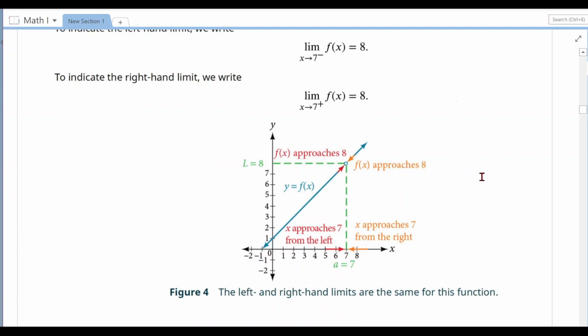This can be represented using this diagram with the removable discontinuity, or a hole, at x equals 7, but the limit value is approaching 8.